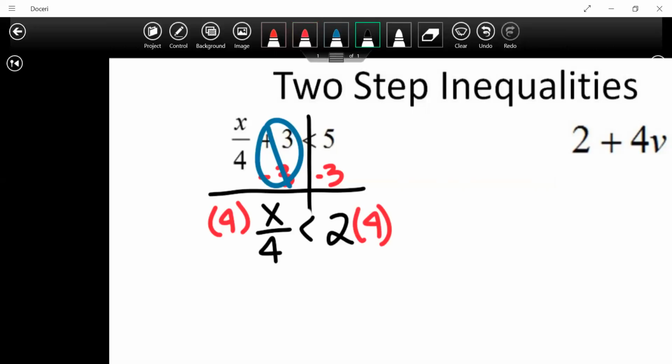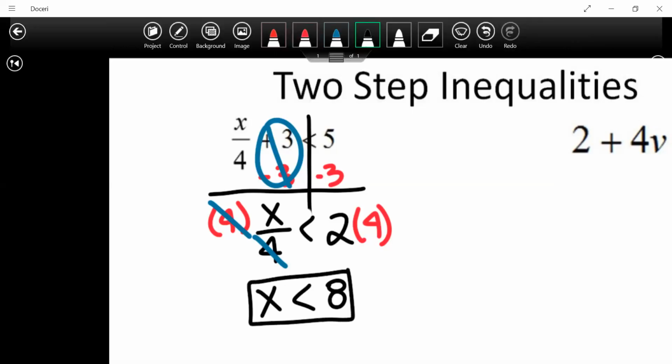Our 4's are going to cancel. Boom, boom. X will be less than 8. Do I need to change the symbol on that? Why? It's a positive. We're just multiplying by a positive. We don't change it. Do I like the way it's written? Right? Variables on left, we can keep it that way.